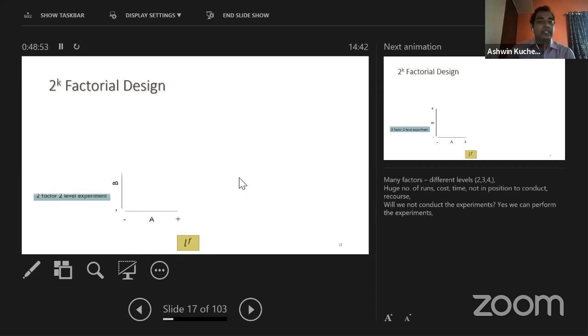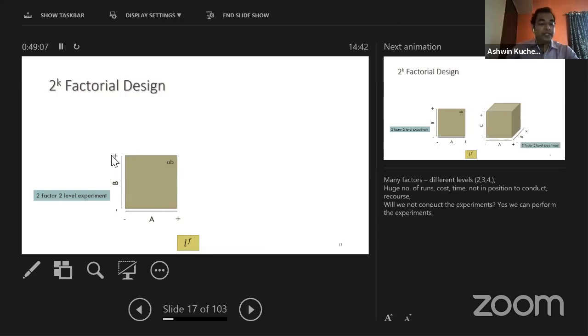Now let us clarify with respect to 2-level experimentation designs. Here you are looking at the 2 factors A and B. These are different equations that will be designed after setting a design of experiment, like A, B, and AB.